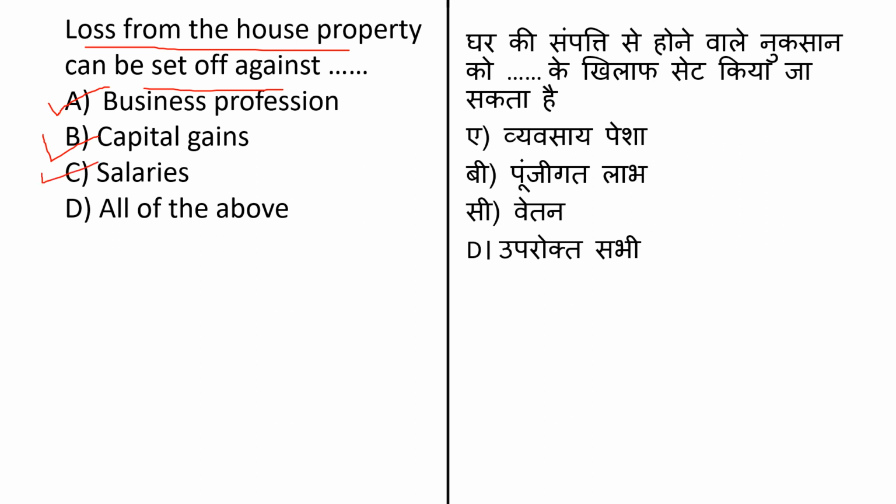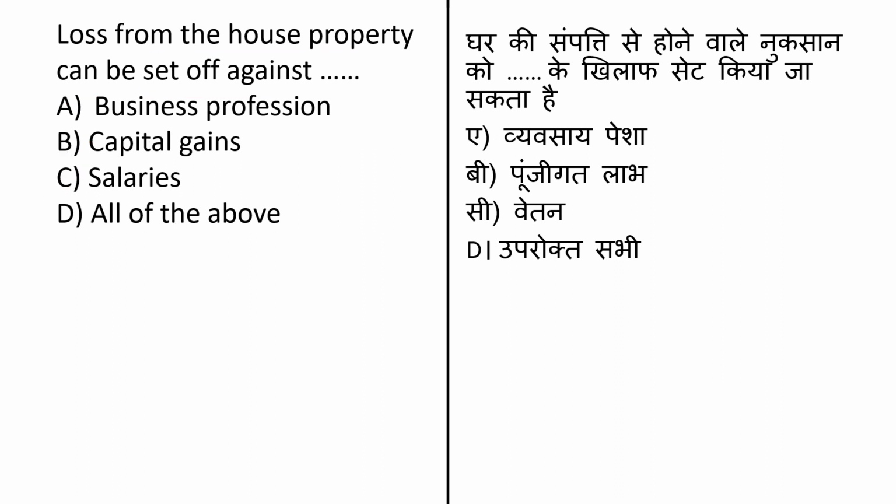A salary is a form of periodic payment from the employer to an employee, which may be specified in an employment contract. It is contrasted with piece wages, where each job, hour, or other unit is paid separately rather than on a periodic basis. And last option is all of the above.